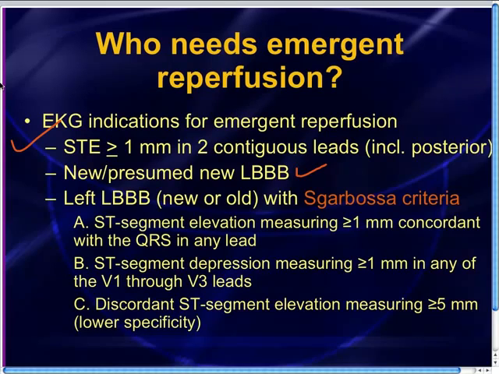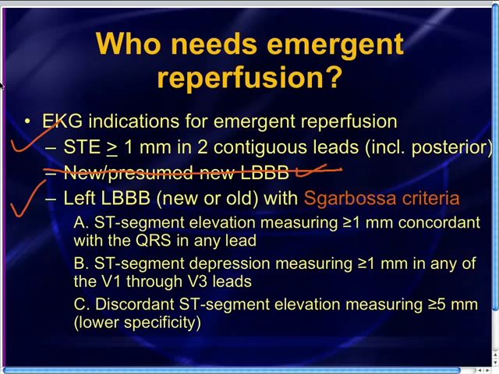But based on all this literature, a lot of us think that in the next set of guidelines, they're going to significantly downgrade this or just get rid of this. This concept of a new or presumed new left bundle is not really that predictive of an acute MI. So you're going to have to really rely on the patient's symptoms and not the EKG in that particular case.